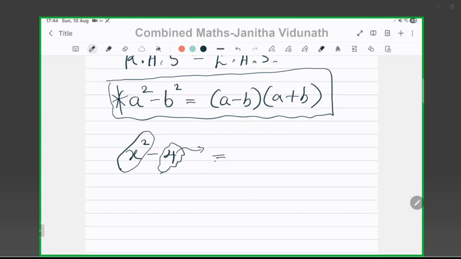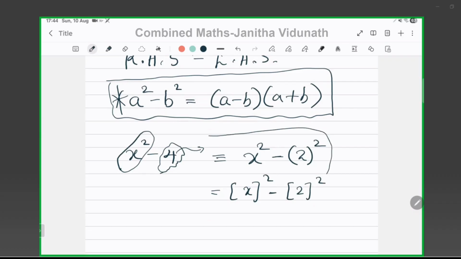Then we can write 4 as 2 to the power 2. Then we have the square of the first term minus the square of the second term. Then this is like a difference of squares. Then simply we can put x minus 2 times x plus 2 as our factors.